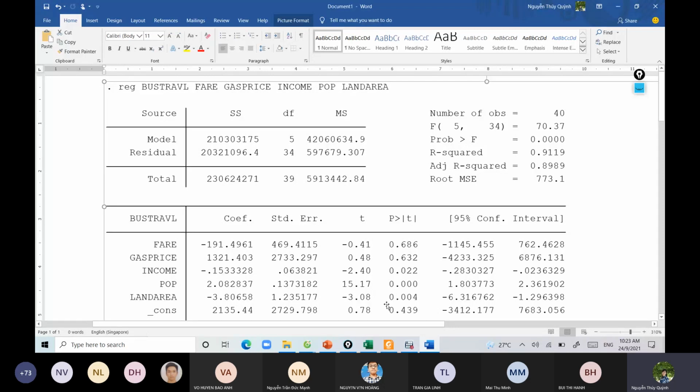At 5% level of significance, you can see that the p-value of fair and the p-value of the regression coefficient of gas price are very high.